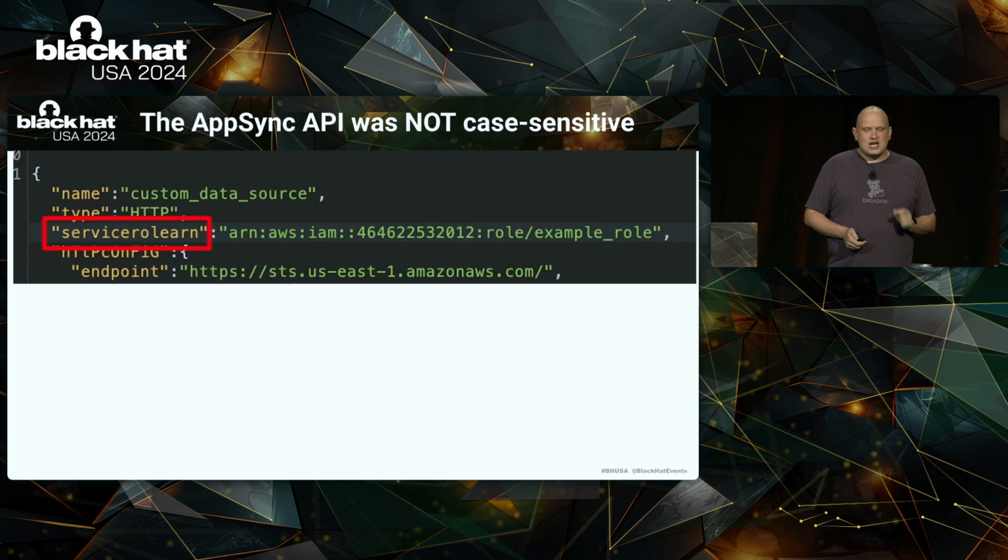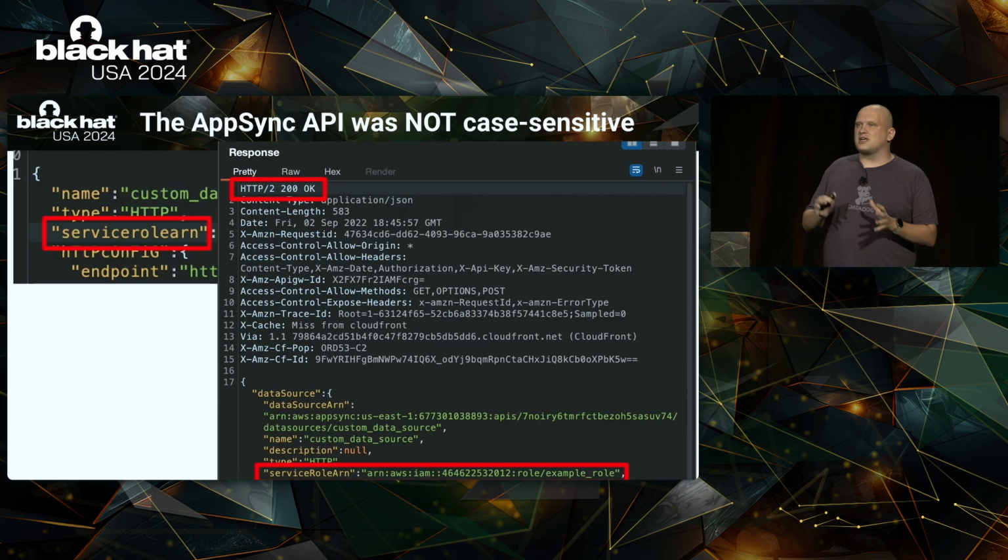But if we change the casing of that parameter in any way, in this case, to all lowercase, and we passed a role outside of our AWS account, for some unknown reason, whatever filtering or checking that was supposed to occur either didn't happen or completely failed.